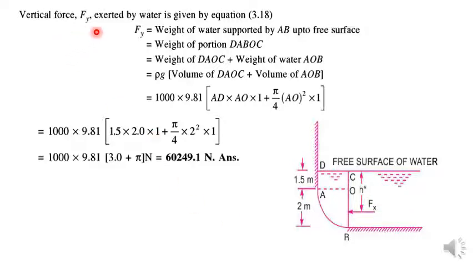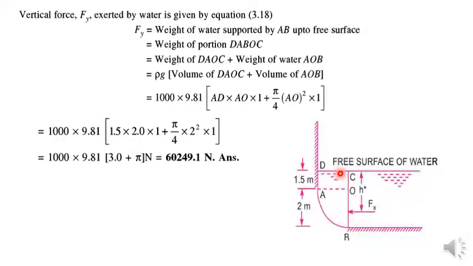Now the vertical component will be equal to the hydrostatic force exerted by the water, and that will be equal to the weight of the water supported by AB up to the free surface. AB means the curved surface up to the free surface, because here you have the water.